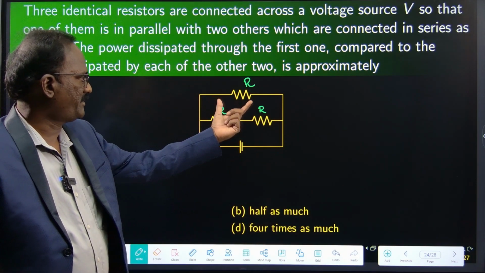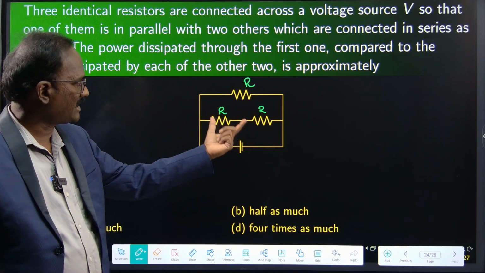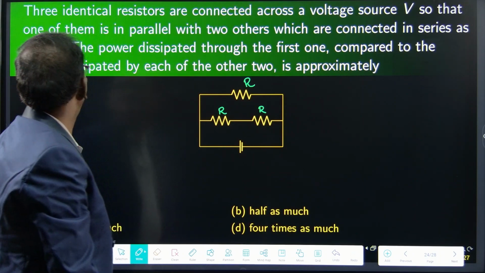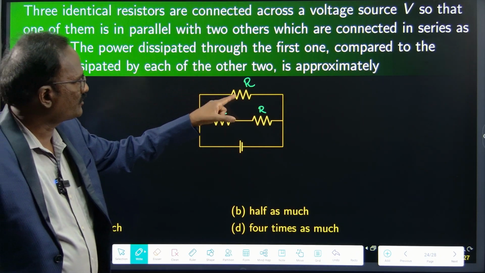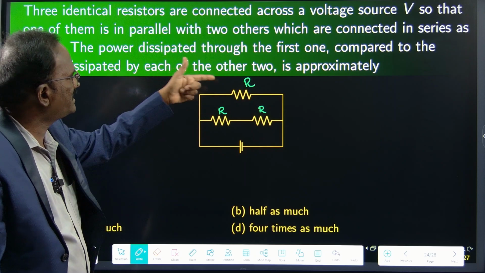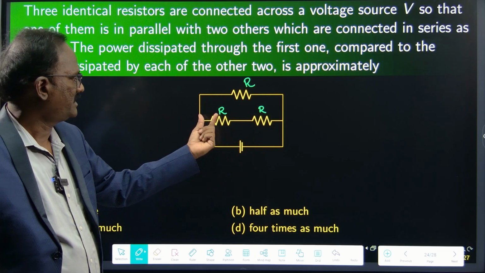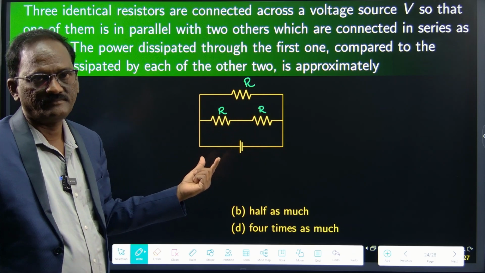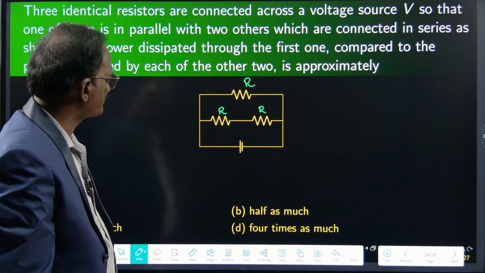The first one is in parallel with the other two, which are connected in series. The power dissipated through the first one compared to the power dissipated by each of the other two is asked: this power divided by this power.